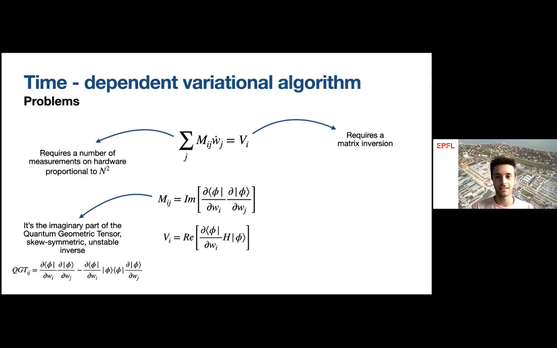If its off-diagonal elements are close to zero, it's unstable by definition. And we cannot improve this inversion. Basically, what we do numerically to improve the inversion is to add a little shift on the diagonal, but we cannot do it because it will ruin the skew symmetry of the matrix.